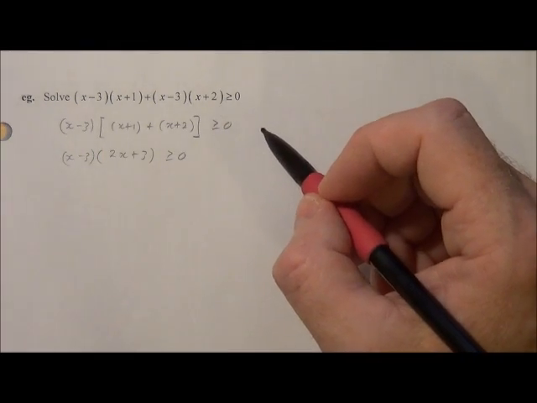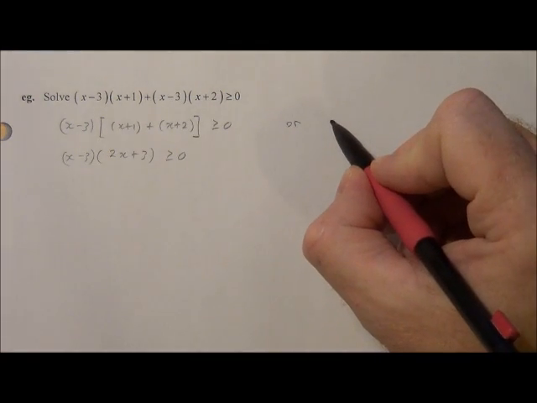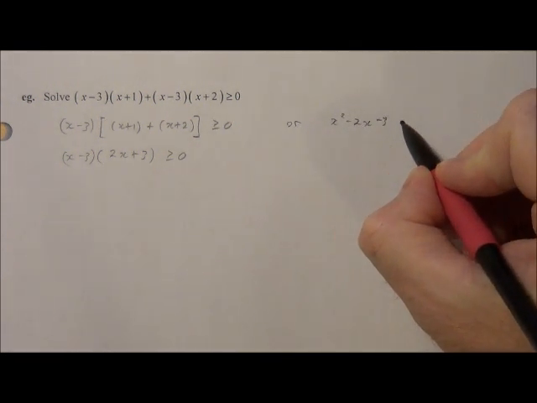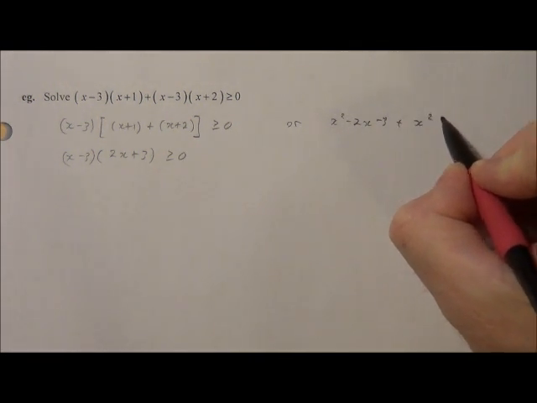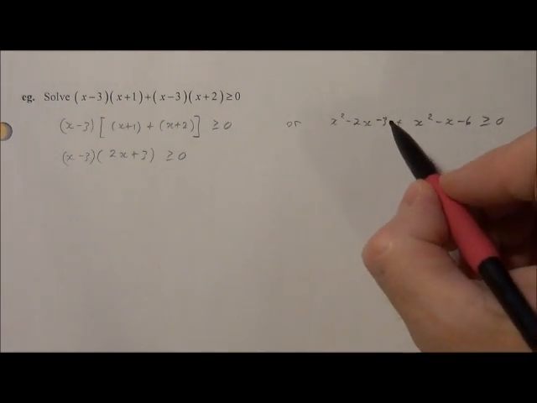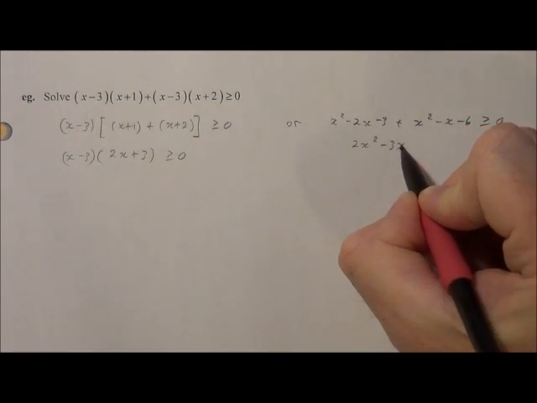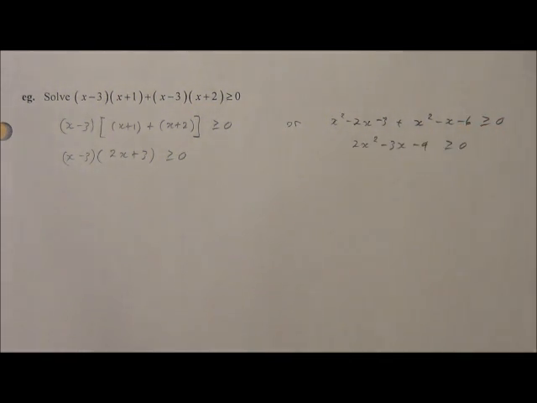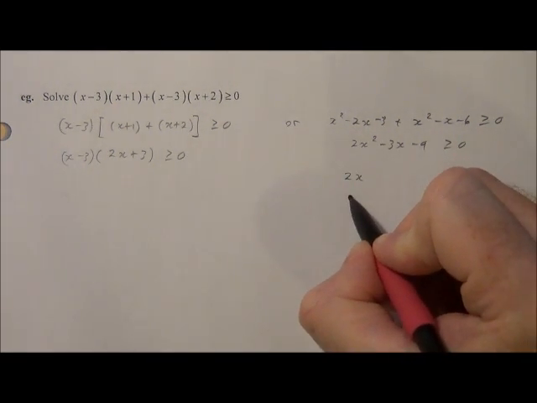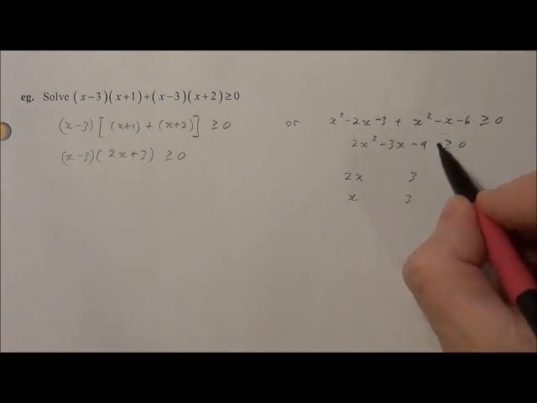Otherwise, what we could do is, if you want, multiply all these together. So we get x squared minus 2x minus 3 plus x squared minus x minus 6 greater than or equal to 0. Simplify and collect like terms, we'd have 2x squared minus 3x minus 9 is greater than or equal to 0. Then we could use sum and product, so we get 2x and x, 3 and 3, that would multiply together to give me 9.